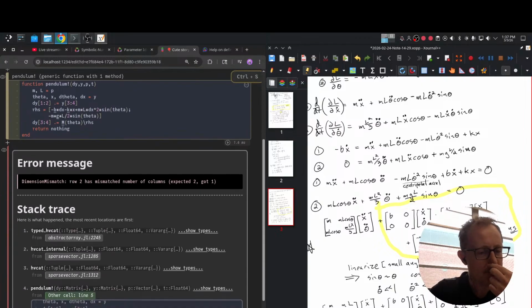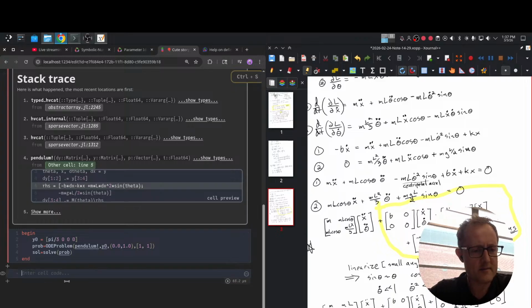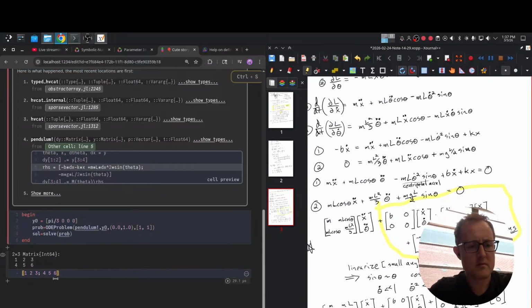This is something kind of weird about creating these matrices in Julia.